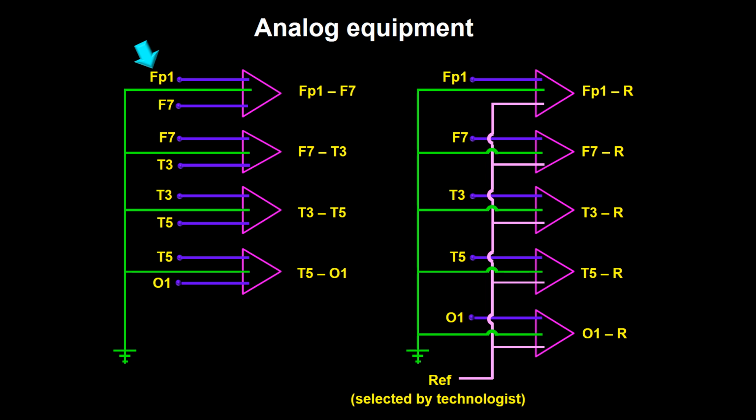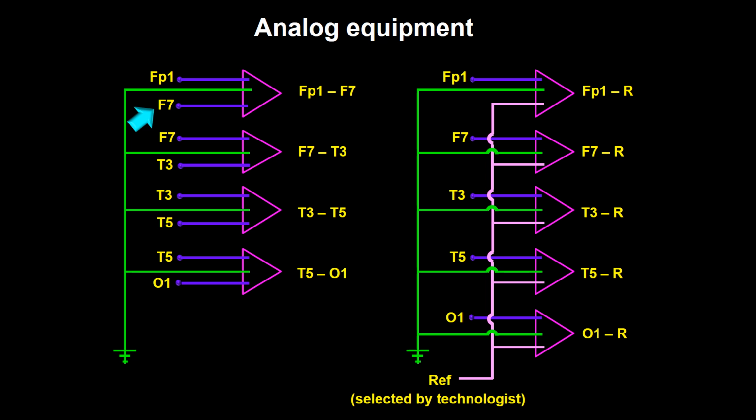As we previously mentioned, the voltage entering through G1, as an example in this frame through FP1, in the first amplifier will be subtracted from the voltage entering through the ground to the amplifier.